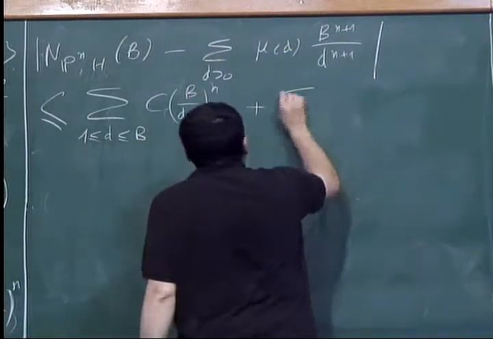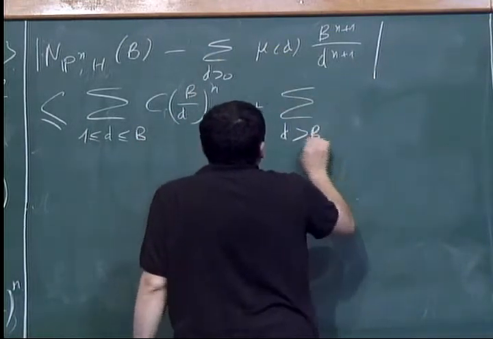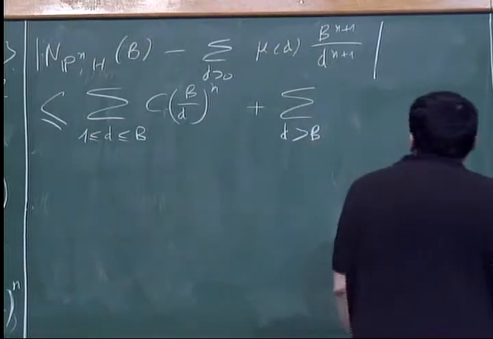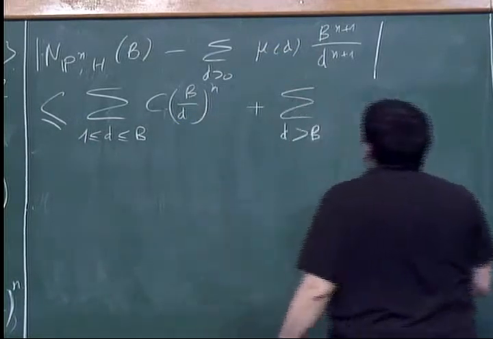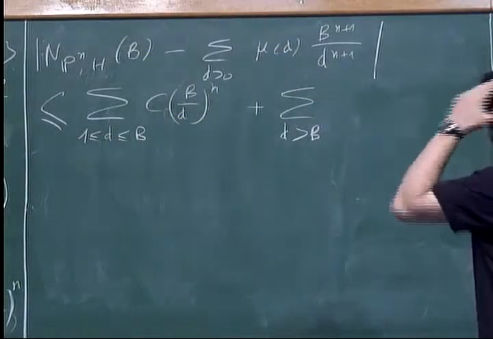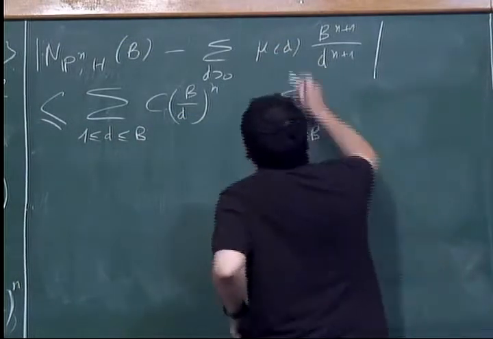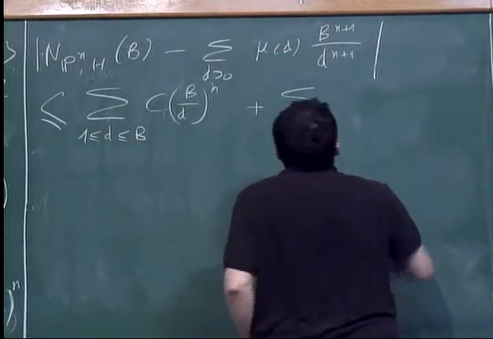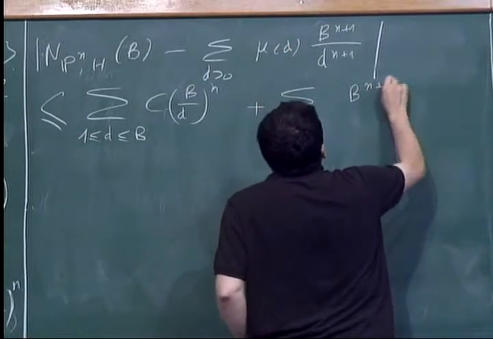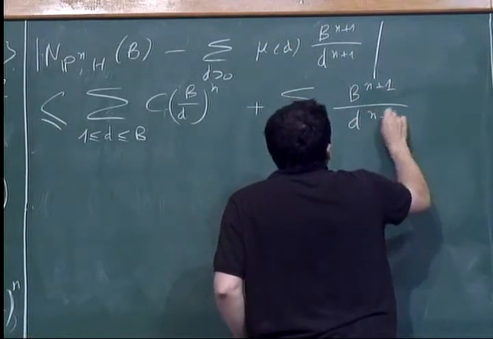So for the sum for d strictly bigger than B, mu(d) I can forget about it because it's less than 1 in absolute value, so B^(n+1) over d^(n+1).